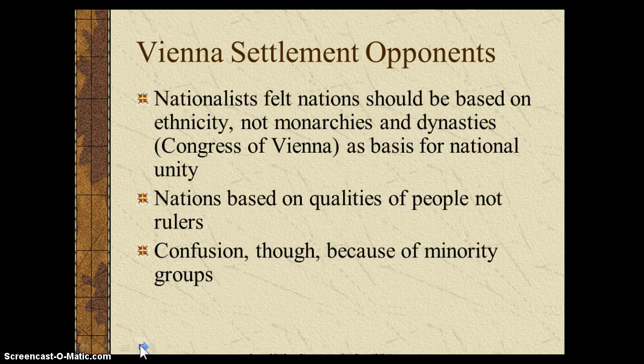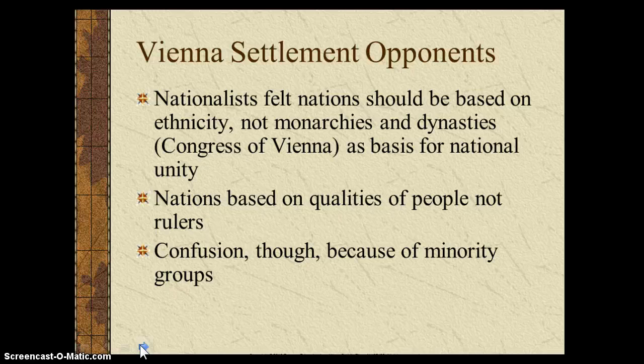So the Vienna settlement opponents. Nationalists felt nations should be based on ethnicity, not monarchies and dynasties. That was Congress of Vienna as a basis for national unity. So this was an idea that ethnicities rather than kings should be ruling.